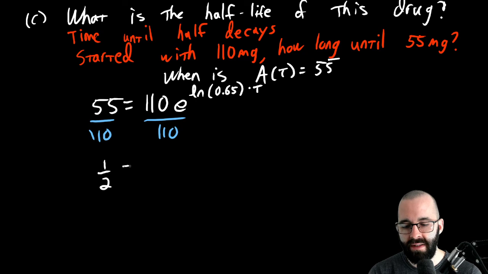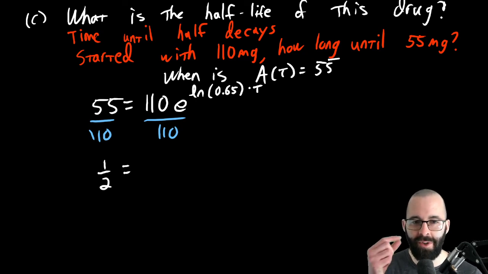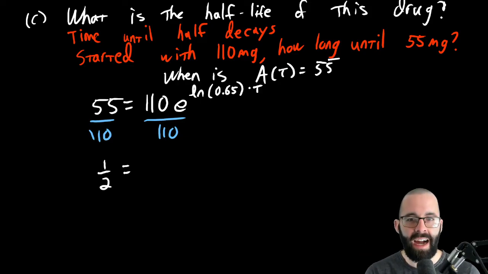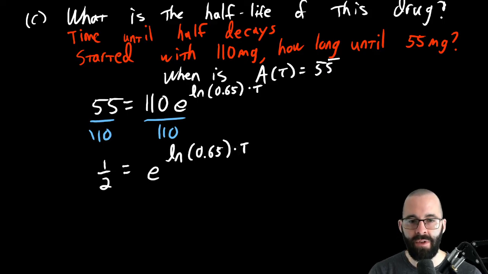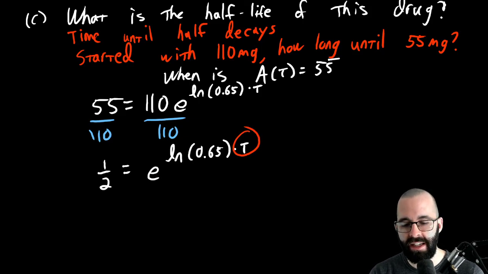This will always equal 1/2 if it's the half-life. That's a juicy little morsel that I'm not going to spend too much time on, but it will always be a half, no matter what we started with, if we are solving for the half-life. That equals e to the ln of 0.65 times t. Now be very careful. We cannot cancel like this because there's also a t here.